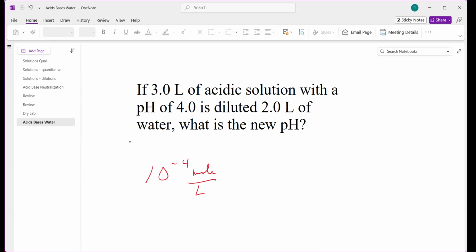So we've got 10 to the minus 4 moles per liter of acid to start with. Does everyone see where I got the 10 to the minus 4 from pH? However, that's in 3 liters of water.